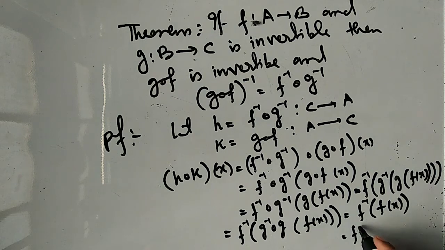So this is nothing but F inverse o F of x. This is again an identity element.